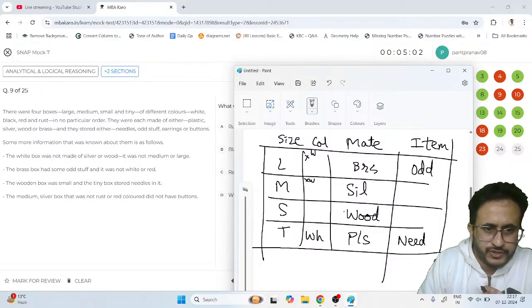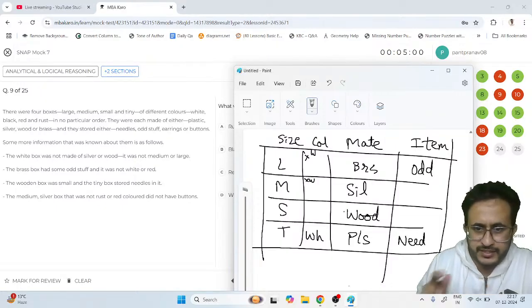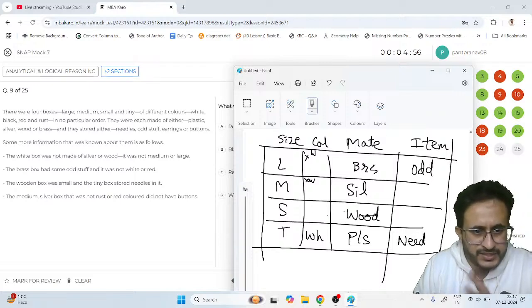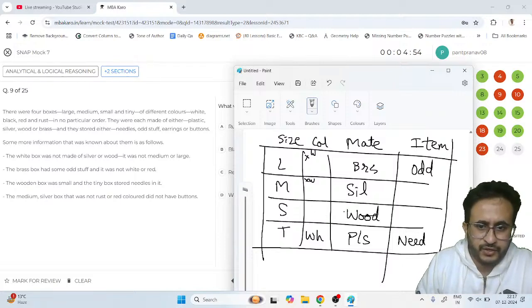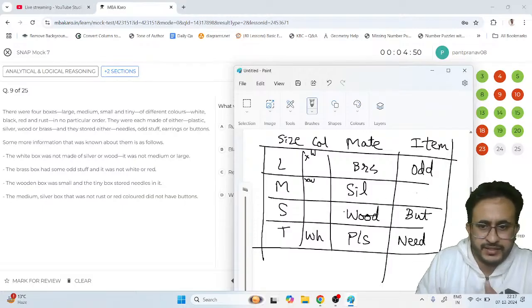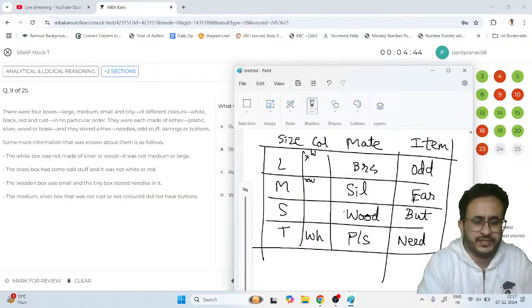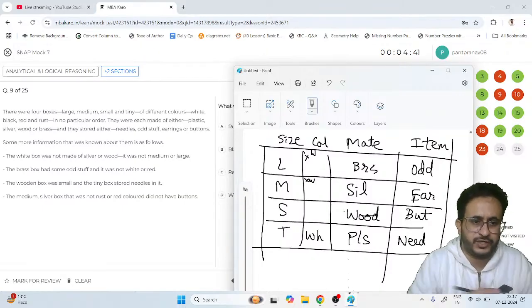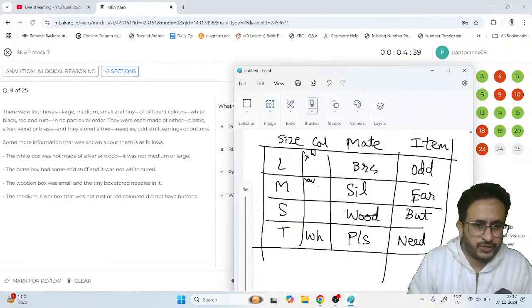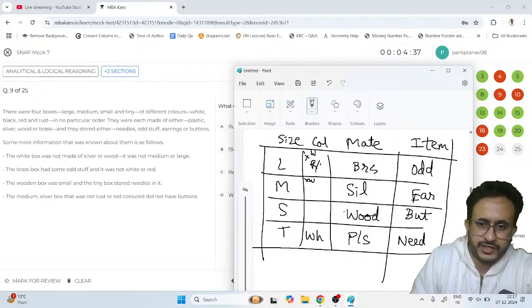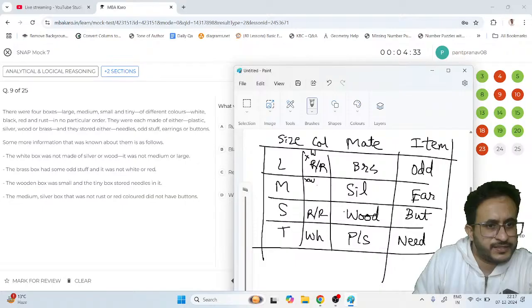The wooden box was small and the tiny box stored needles in it. Medium silver box that was not rust or red did not have buttons. So this does not have buttons. This will have buttons. And the last one will have some item, that is earrings. And the medium box was not rust or red. So these are rust or red, and this will be the fourth color, that is black.